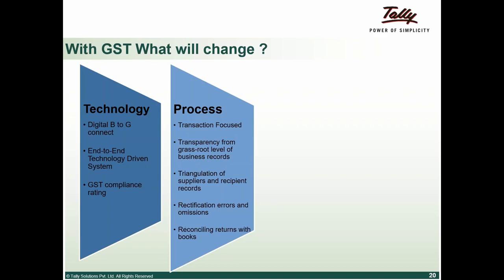Either way, your books of account should be accurate such that your return is going to be accurate. Or the government, with GSTR 1, GSTR 2, is going to give the missing information. I have to take that missing information and ensure that it is not only taken care of for compliance, but that the same information is also updated in my books of account for future reference.